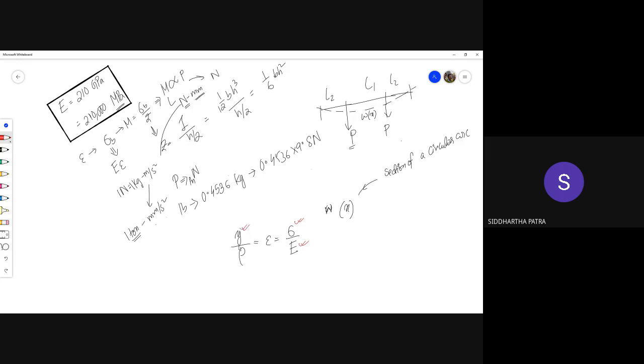If you take the bending stress at a given location, say y equals h by 2, then sigma equals sigma b, the maximum bending stress. If this is constant, because the bending moment is constant, that tells you rho is a constant, which basically means the radius of curvature is a constant.